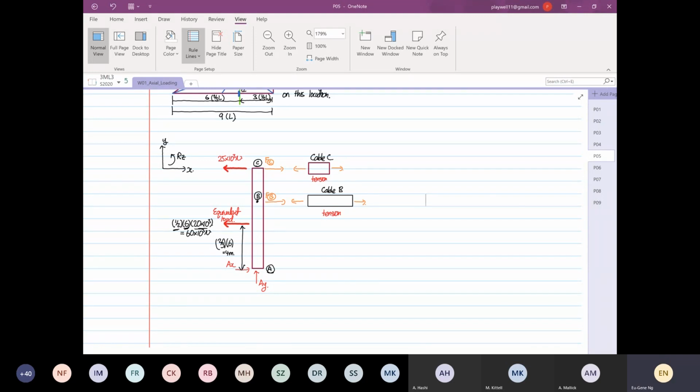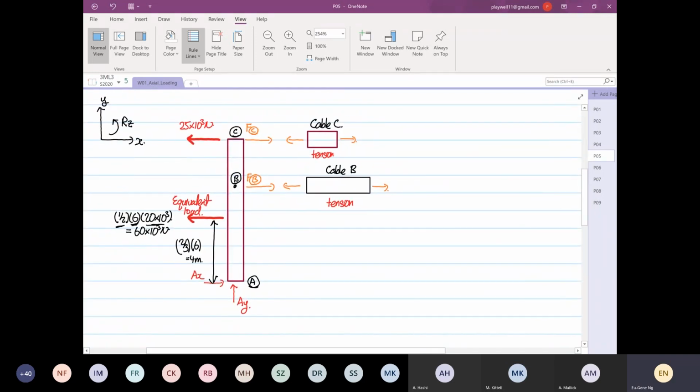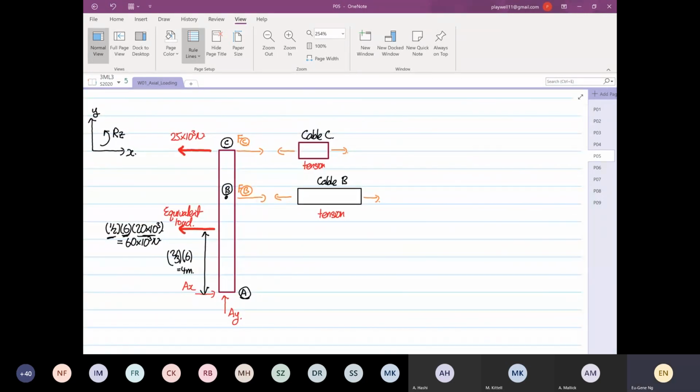So by looking at this free body diagram, we have 1, 2, 3, 4.